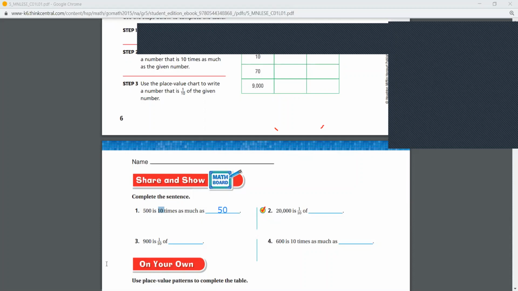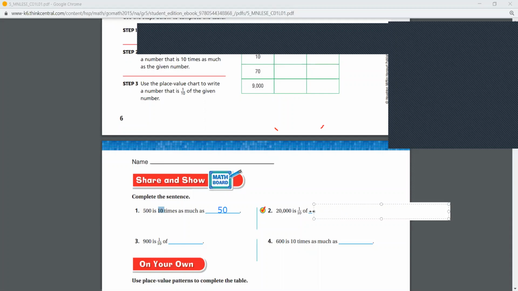The next question is for Amal. Question number 2: 20,000 is 1/10 of what? I don't need the answer, I need the question. How did you get 20,000? 10 times of 200.